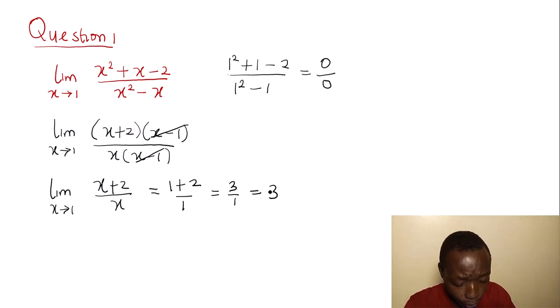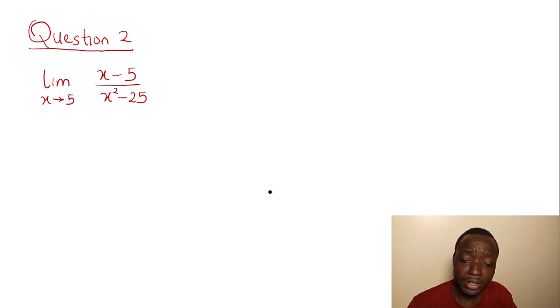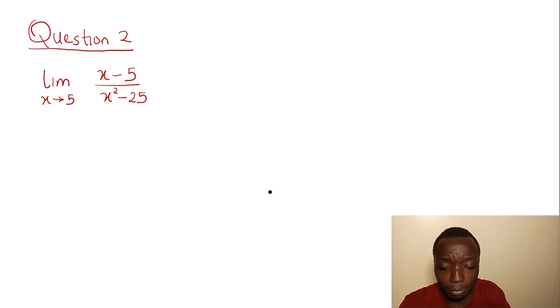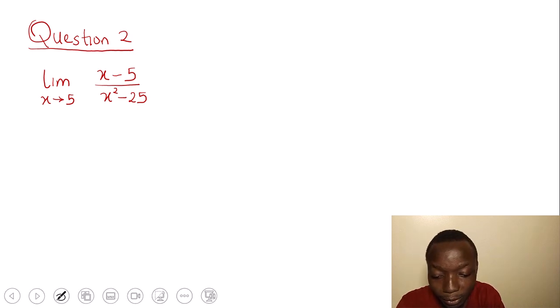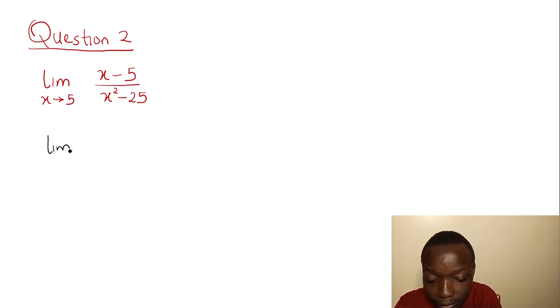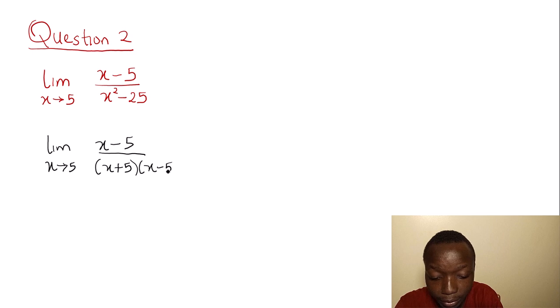All right. Let's get to the second one. This question is testing your understanding of difference of two squares. You can try to substitute 5. You see that you're going to get 0/0, which is the problem we're trying to resolve using this method. If you factorize this, you're going to get the limit as x approaches 5 of x minus 5 over x plus 5 times x minus 5.